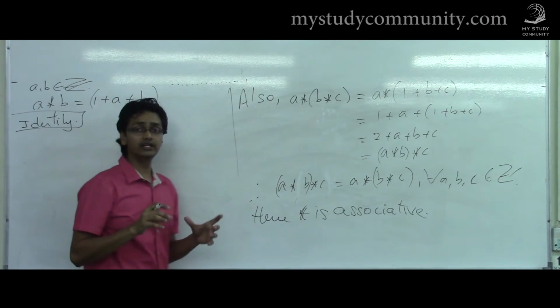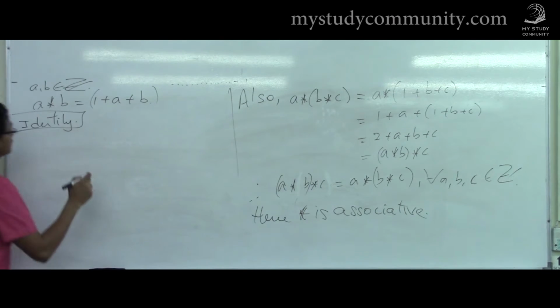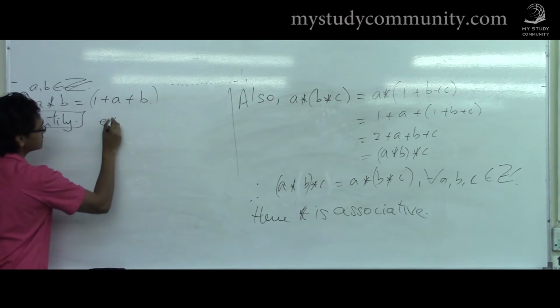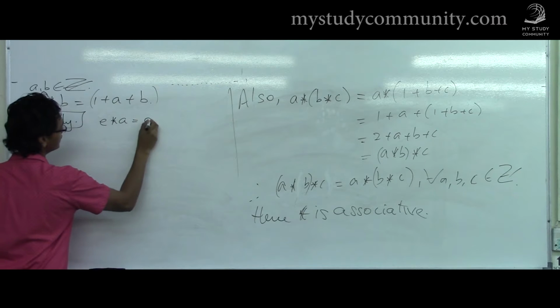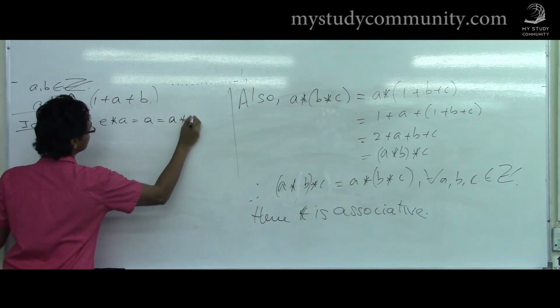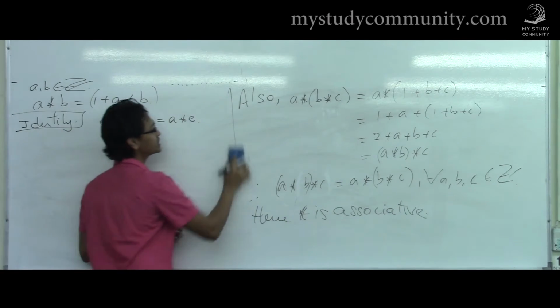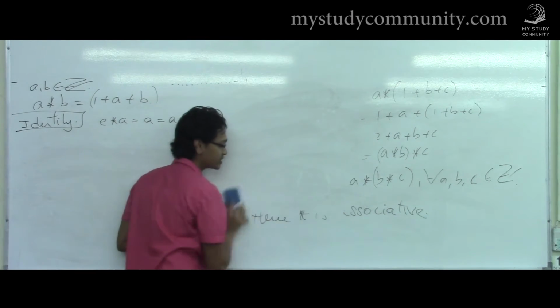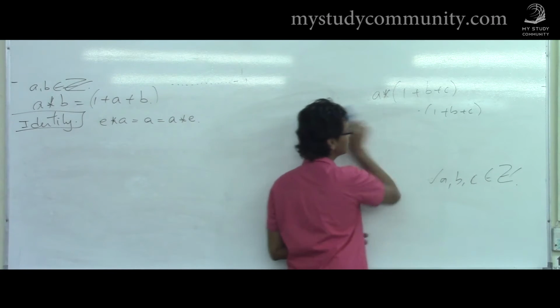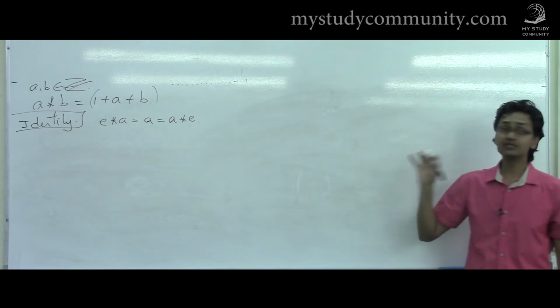Now, the general equation for the identity is E star A equals A, which equals A star E. Now, let me just give some basic information about the identity, some examples so you understand where I'm coming from. So, the identity depends on the operation.